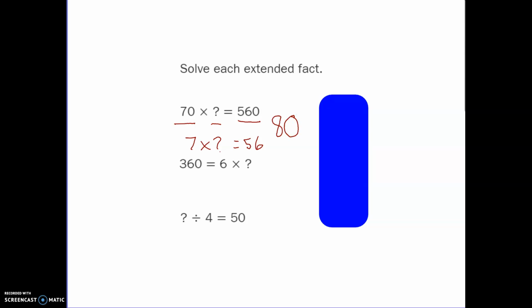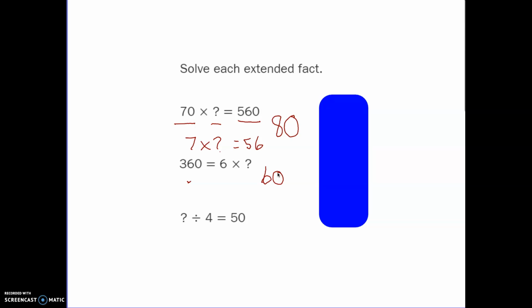6 times what equals 360? Well, I know that 6 times 6 is 36, so 6 times 60 has to be 360. And last we have what number divided by 4 equals 50?